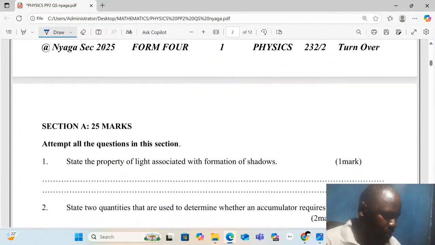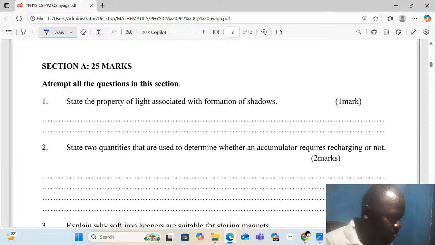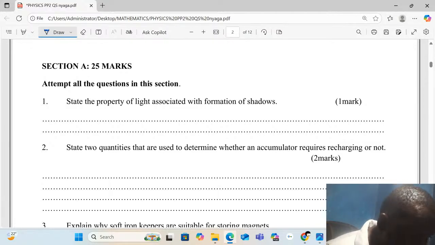Question 1 in section A reads: state the property of light associated with the formation of shadows. This is light in physics form 1.